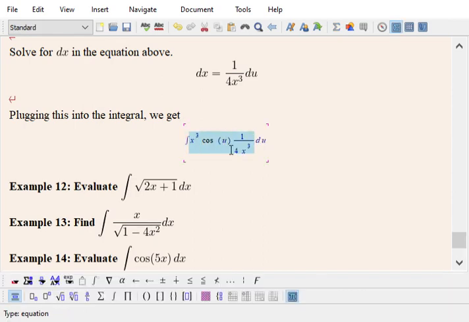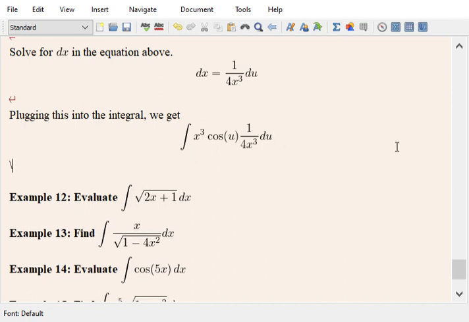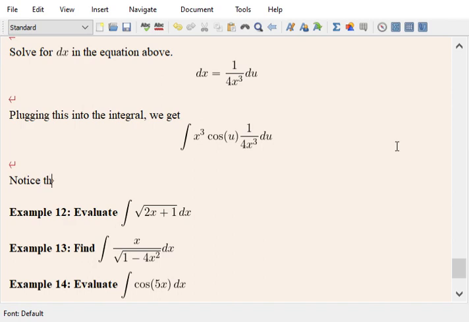It's a function of x and u. So in order for this to work, we need all of the x's inside here to go away somehow. And luckily for us, these x cubes just cancel out. So it's not a problem. Right? We've got an x cube on top, an x cube on bottom, they cancel out.